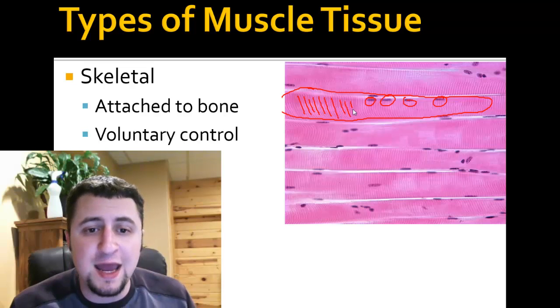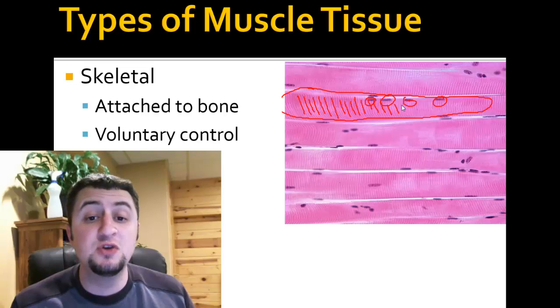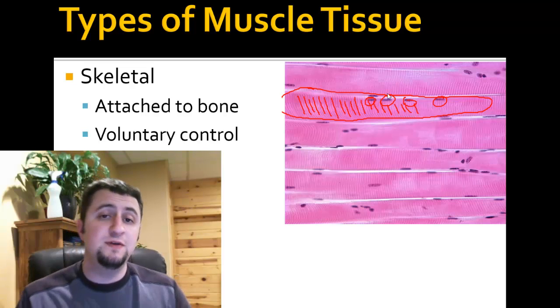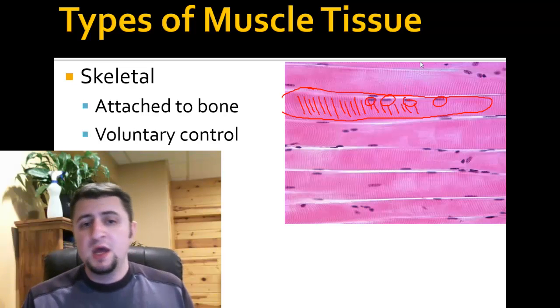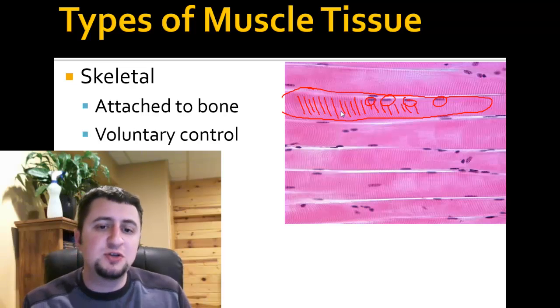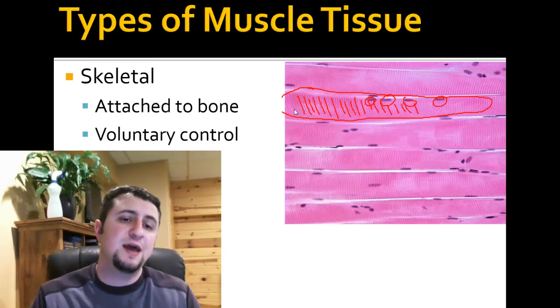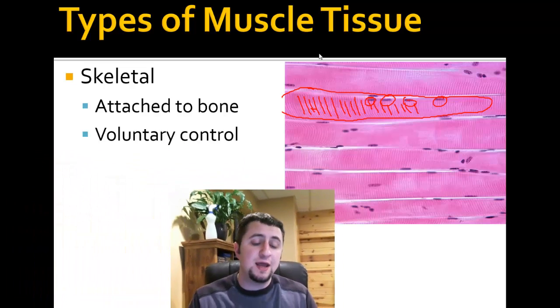They're called striations, and each one of those striations is an individual sarcomere, or an individual unit that allows that muscle to contract. This is what helps to classify skeletal muscle as being skeletal muscle: lots of nuclei and the striations.